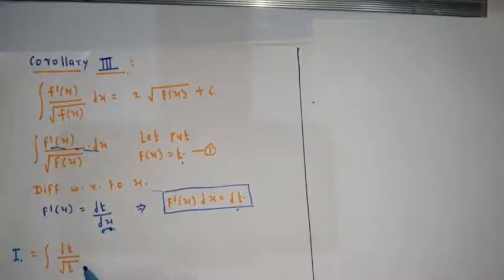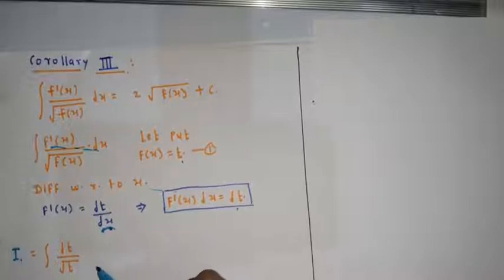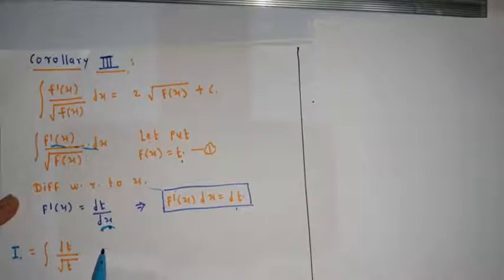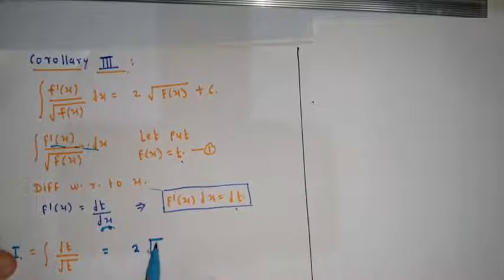Integration of 1 upon square root of t, according to the integration formula, is 2 root t plus constant of integration c.